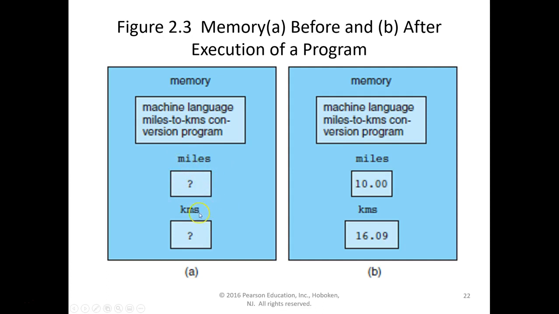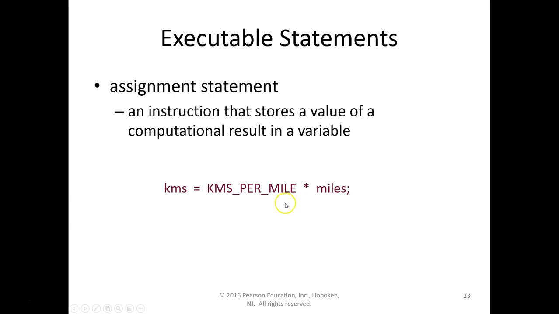So you have two variables here, miles and kilometer, and then you put data in it when you start running your program. So you say, oh, mile is 10, then kilometer is 16. After you execute your program, then you run it, then customers start putting those data here. So those are the assignment statements.